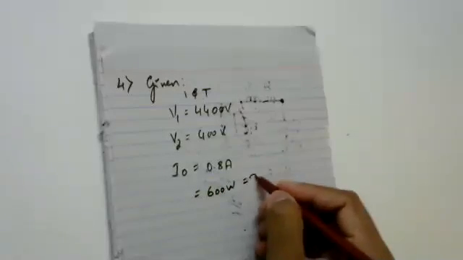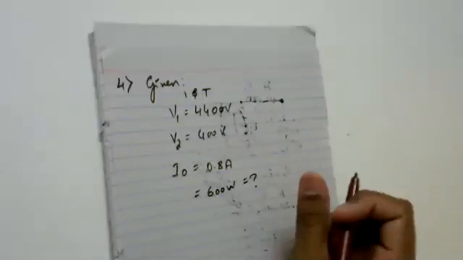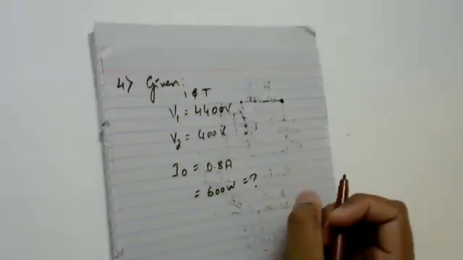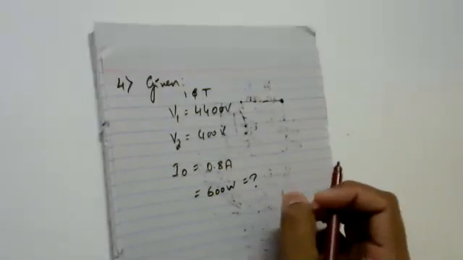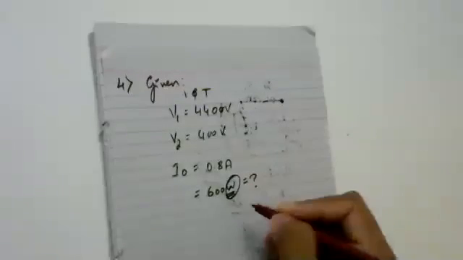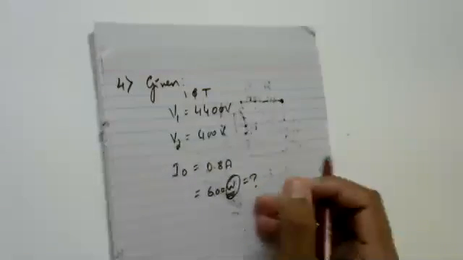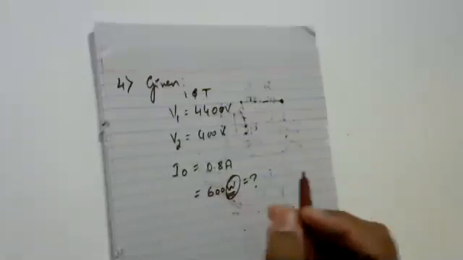Now, what is this 600 watts? Please answer me in the group chat. No, the SI unit indicates watts, fine. That indicates power. But what is it? Yes, you are right. It is indicating power loss.